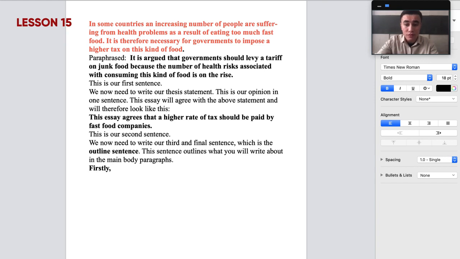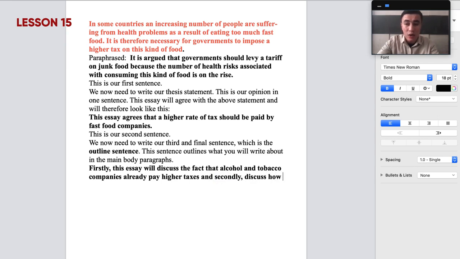Firstly, this essay will discuss the fact that alcohol and tobacco companies already pay higher taxes, and secondly, discuss how higher taxes could raise prices and lower consumption.